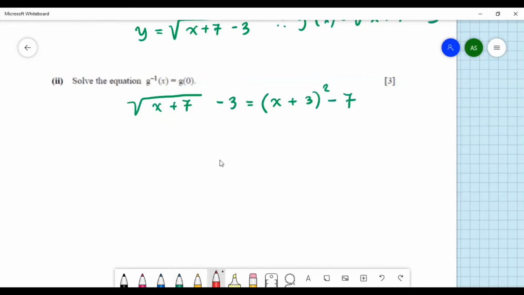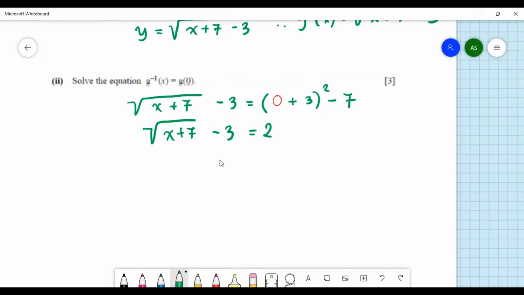But in this case, we are looking for g of 0 at the right side. So we're going to replace x by 0. So what will happen? We will have square root of x plus 7 minus 3 is equal to, this will give you 9 minus 7, that will give us a 2.